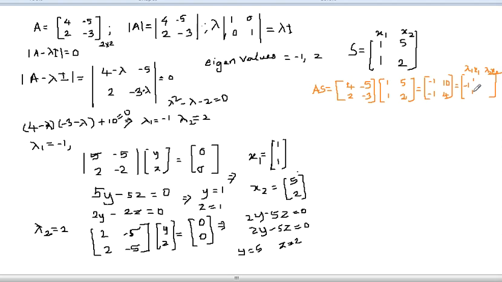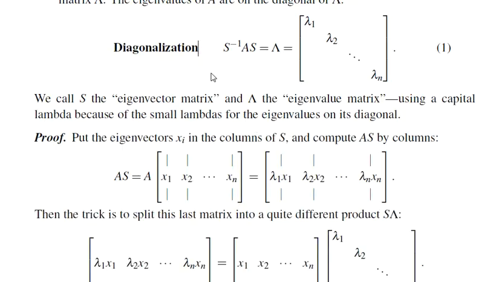And lambda 2 is 2 and that 2 is multiplying this (5, 2), so let's write this as 2 into (5, 2). I hope this is clear, that when we multiply A into S, we are getting lambda 1 x1, lambda 2 x2 and so on.